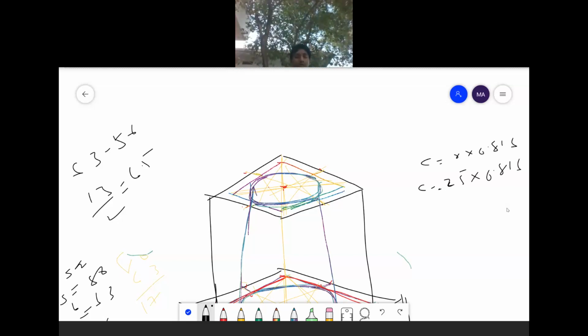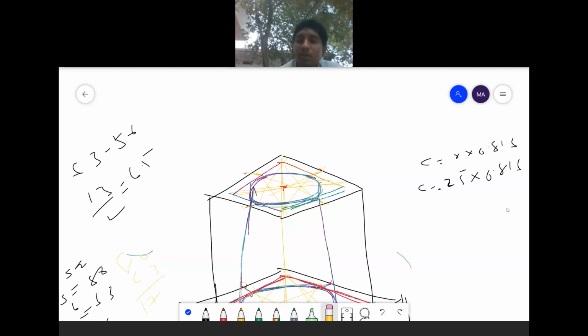What is the radius here? You will get around maybe 22. 25 into 0.816 is 20.4. It is 20.4.